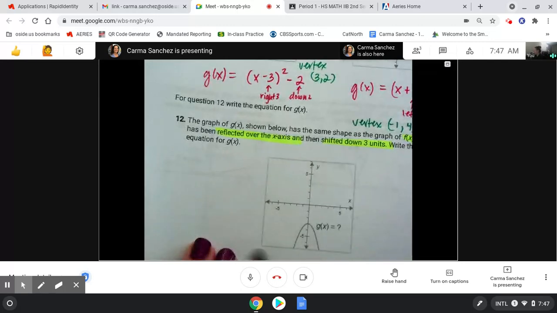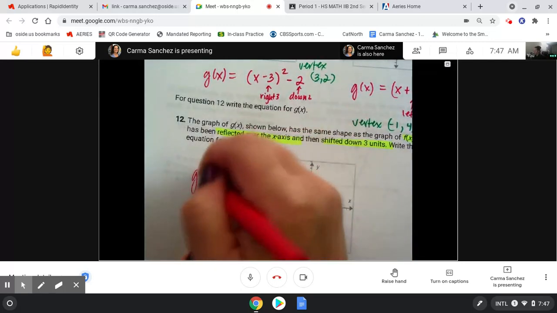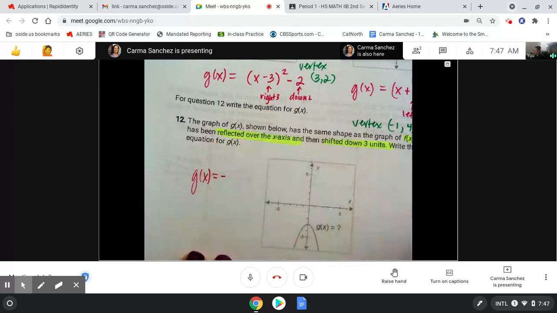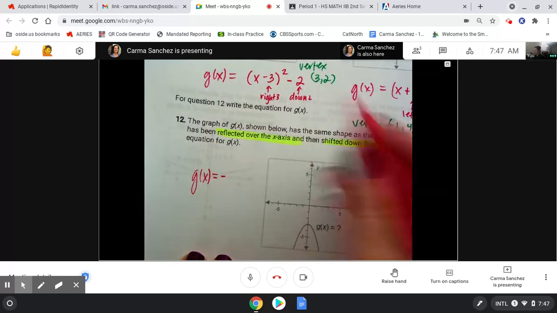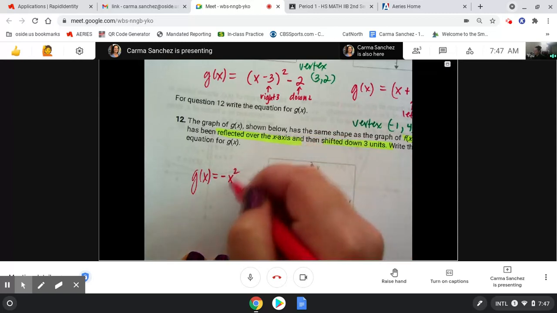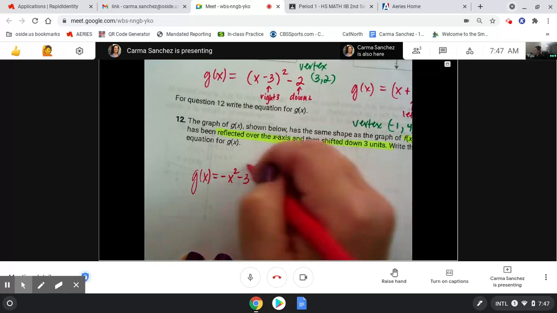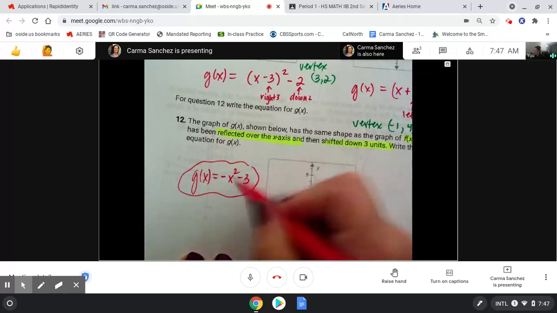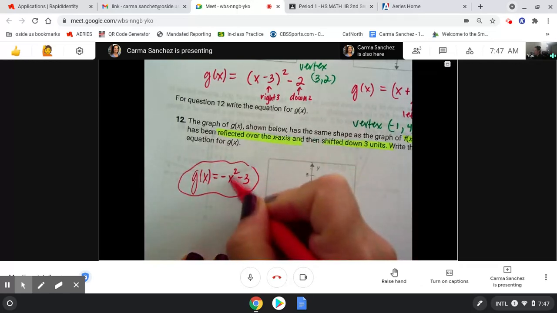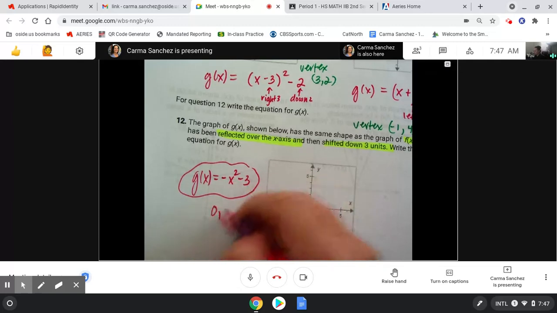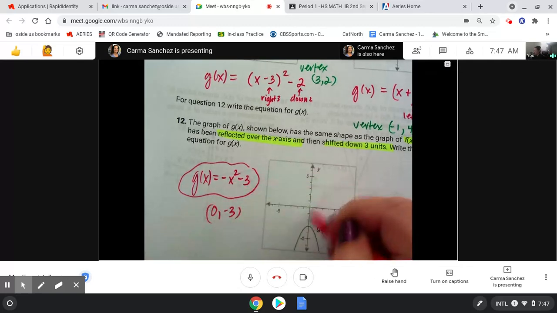So here I go, g of x equals, there's now going to be a negative out front because it's flipped, and it's shifted down 3 units. So there's no change right or left, but there is a change of down 3 at the end. And from this, I can see that x plus or minus 0, comma negative 3 is my vertex, 0, negative 3 is my vertex. How'd you do?